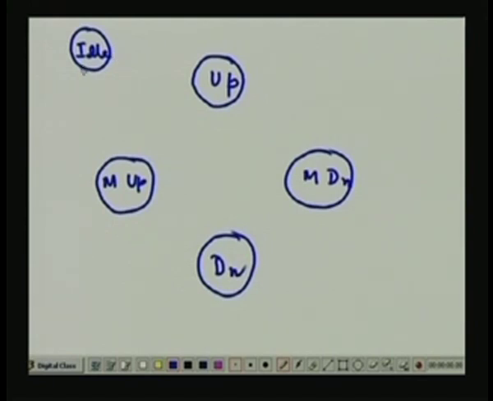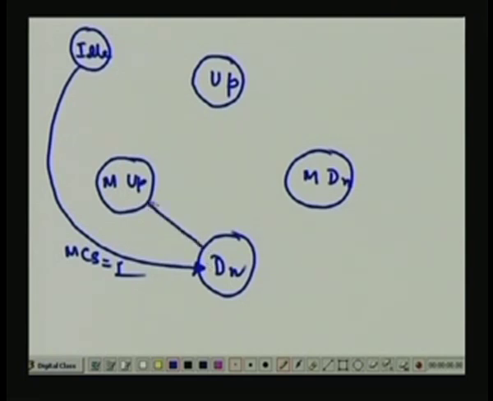So how does the system change states? You have from idle to down when MCS equal to 1, as you are trying to describe the system behavior, and then from down, if you give an up solenoid, then it goes to the moving up state. From there, by internal dynamics, after some time it will go to the up state.